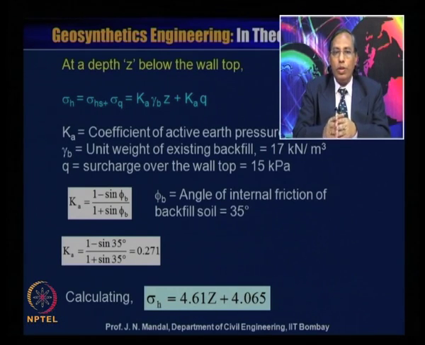If you substitute these values, you can have sigma H in terms of Z. So sigma H will be equal to K 0.271 into gamma B 17 into Z, that means it will give 4.61 Z, plus K 0.271 into Q 15, so it will give 4.065. So you can calculate that sigma H is equal to this in terms of Z.